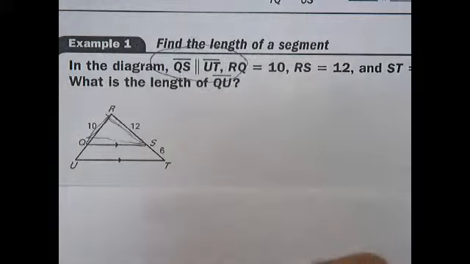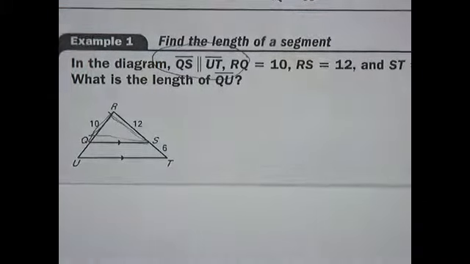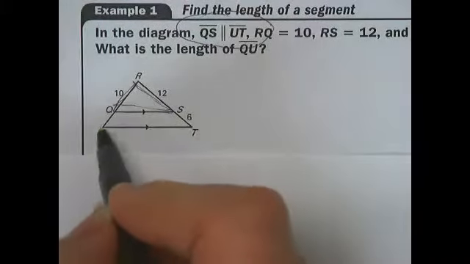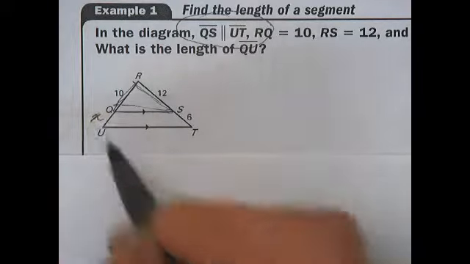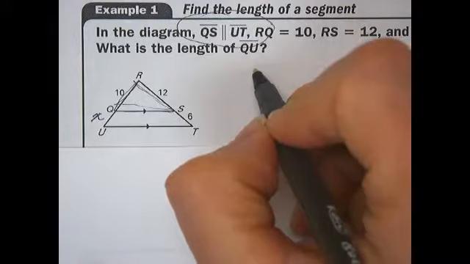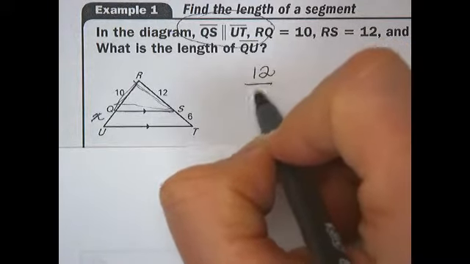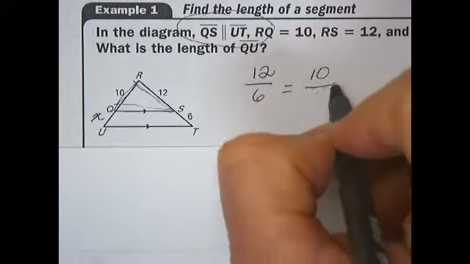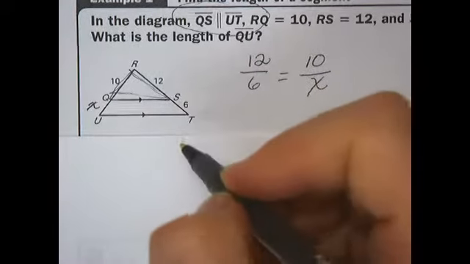So this little triangle is similar to the bigger triangle. So the stuff that's marked is there, and we want the length of QU, so that's your X. So essentially you can set up a proportion. 12 is to 6 as 10 is to X.